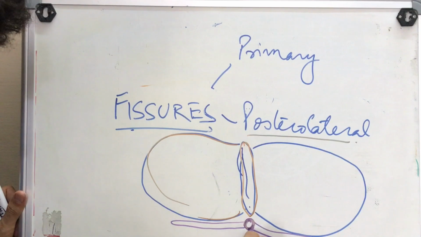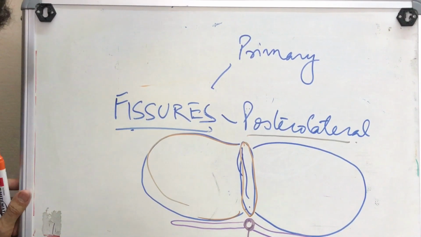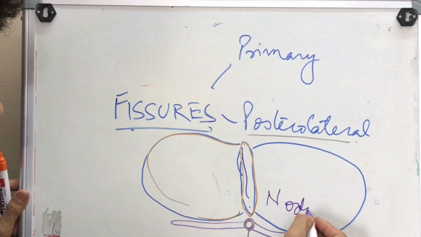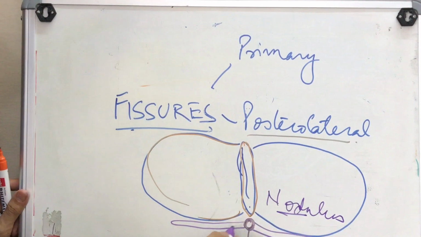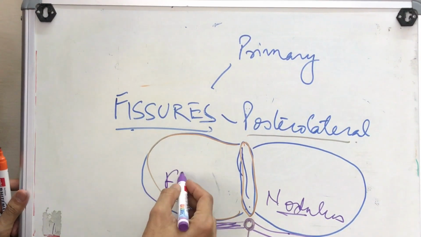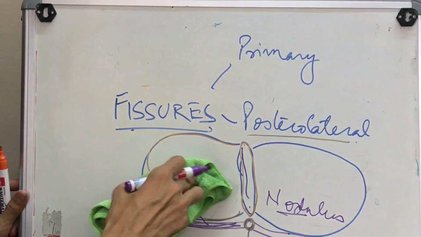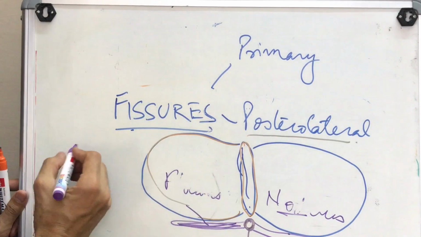This vermis part is called the nodulus, and these two hemispherical parts are called the flocculus. So collectively we can call it the flocculonodular lobe.